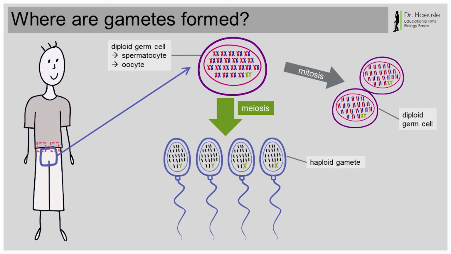This process is similar to mitosis, but with a totally different outcome. Before meiosis, we have a germ cell with a double set of chromosomes, 46 chromosomes in total. After the 2 stages of meiosis, we have 4 gametes with a single set of 23 chromosomes each. And what's the difference between meiosis and mitosis?